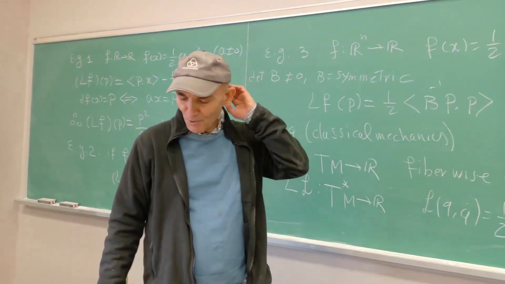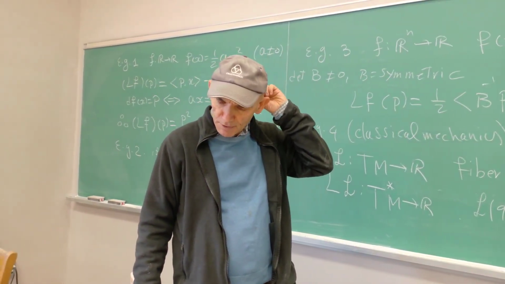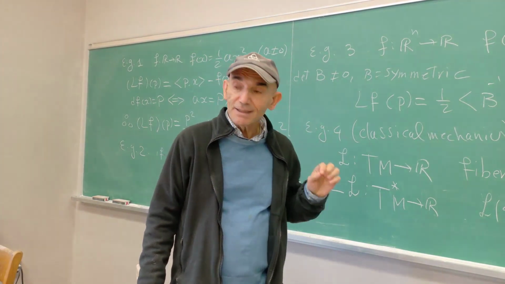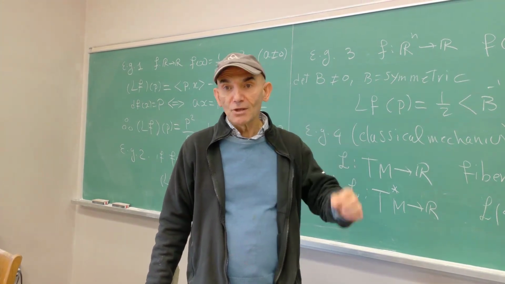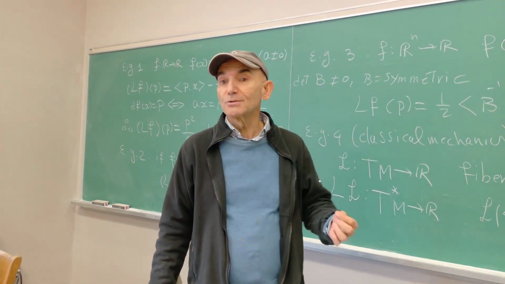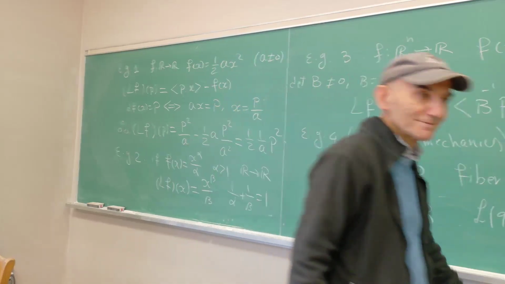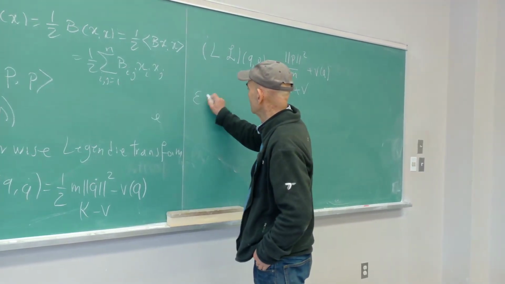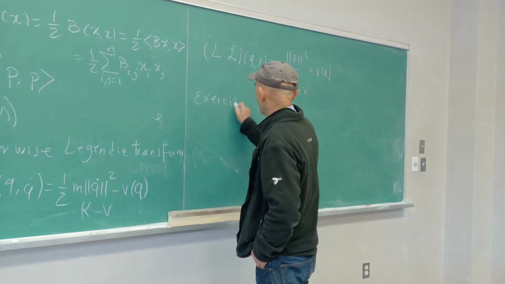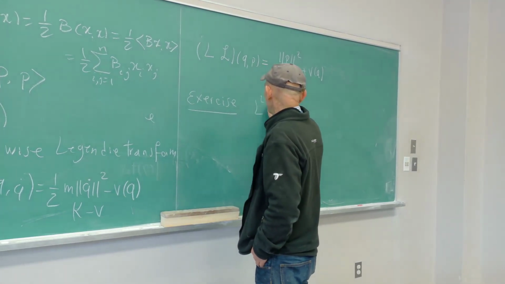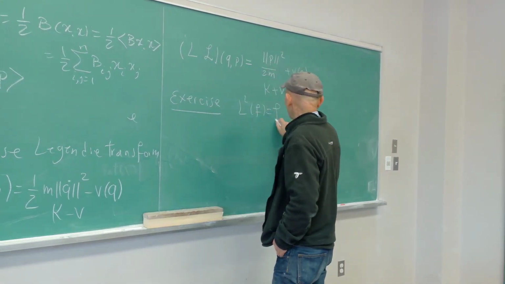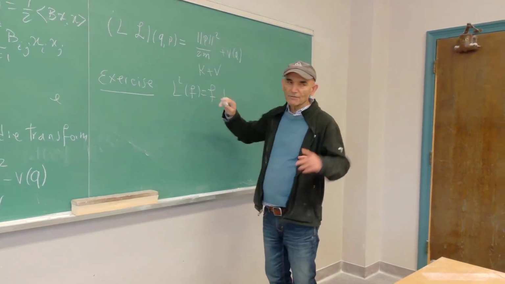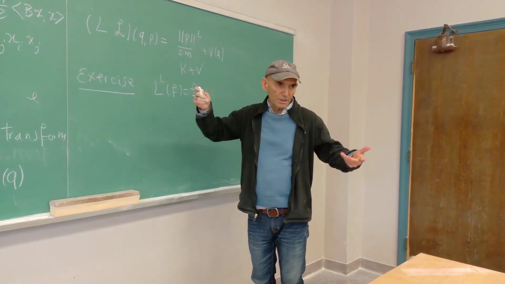There is one crucial property of the Legendre transform, which is that it's exactly a duality. Namely, if you take the Legendre transform and then take the Legendre transform again, you're going to get the original function. That's really amazing. So I really want you to think about this exercise: L squared of f is equal to f. To do that, we have to identify V with V double star in the natural way.